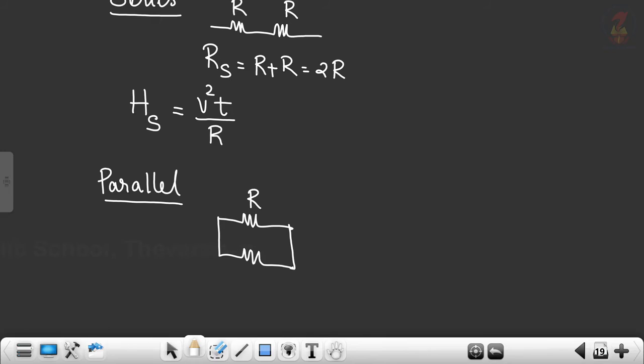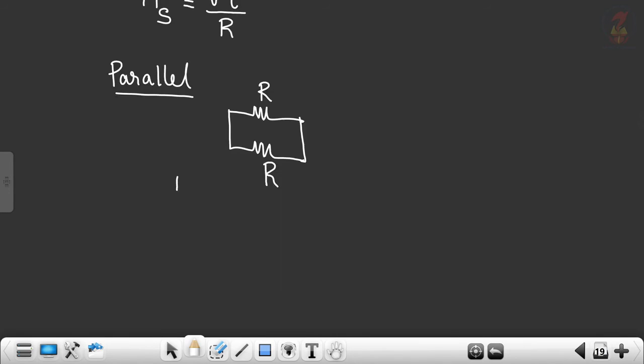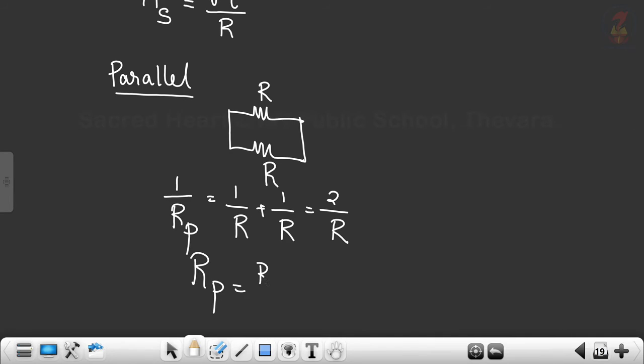This one is also having a resistance R, this one is also having a resistance R. Find the total resistance in this case. 1 by Rp equal to 1 by R plus 1 by R, that is equal to 2 by R. Rp equal to R by 2.